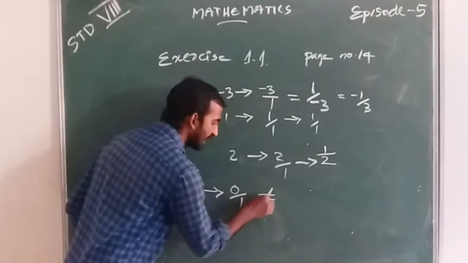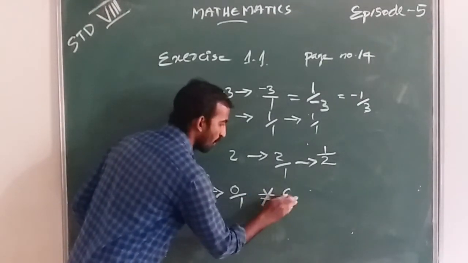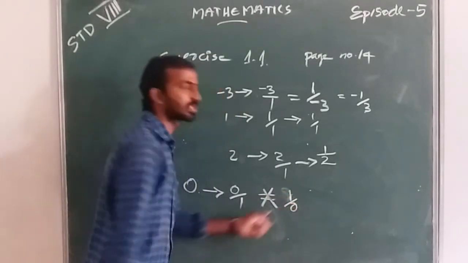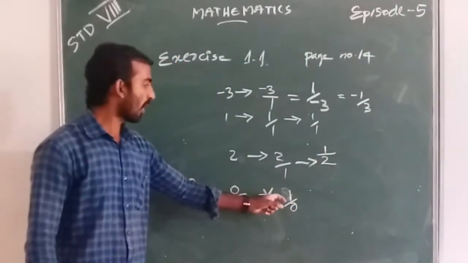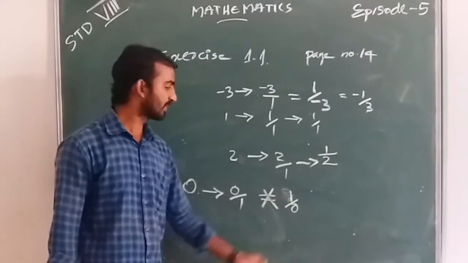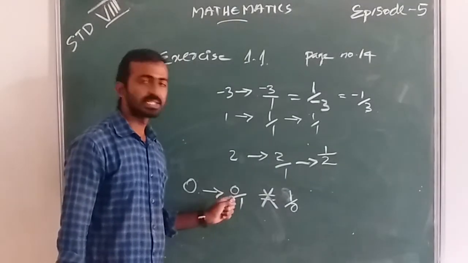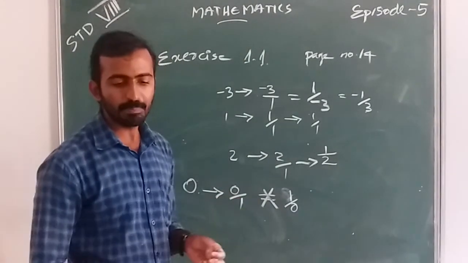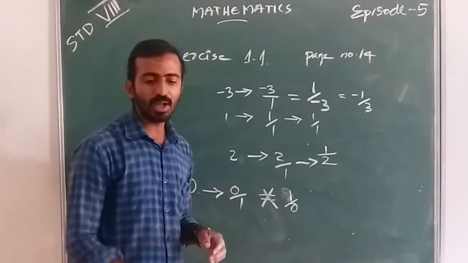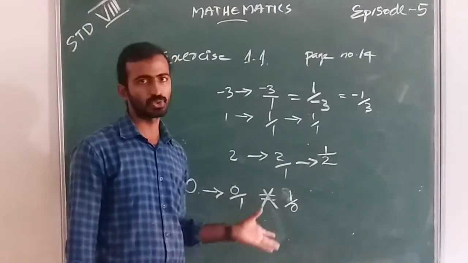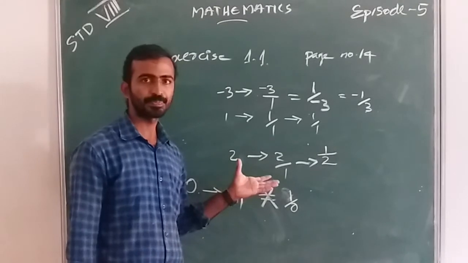But we can't write 1 by 0. This is not defined. In maths, 1 by 0 is not defined. So the answer is 0. The rational number that does not have a reciprocal is 0. Can you understand?